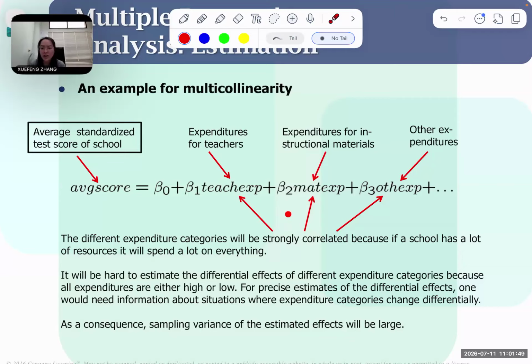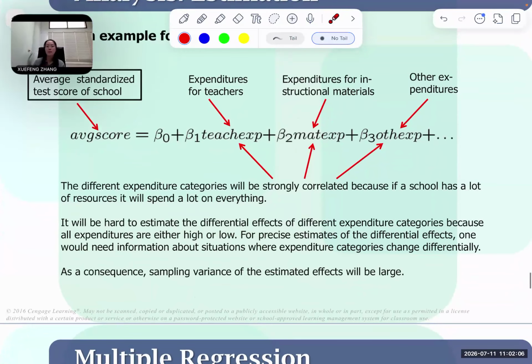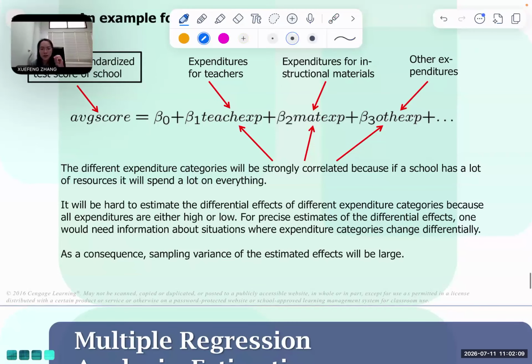Nothing is technically broken, like an MLR3 assumption violation, but the sampling variance of each beta will be large, giving wide, unreliable estimates, even though the regression runs perfectly fine. We can run the regression, but we're going to have higher sampling variance for each beta.